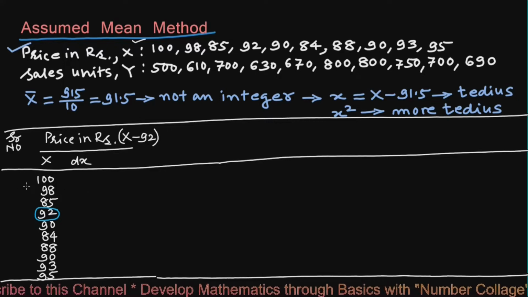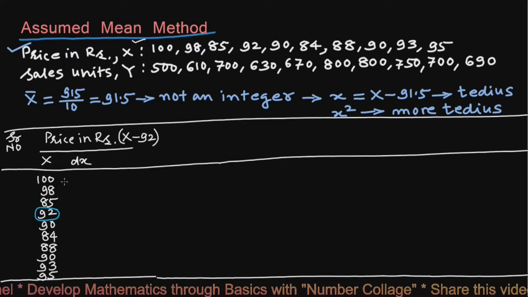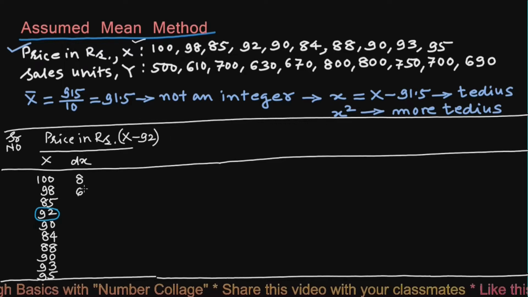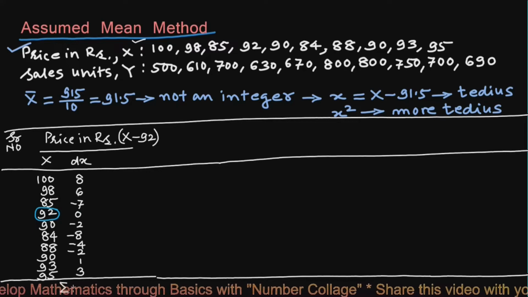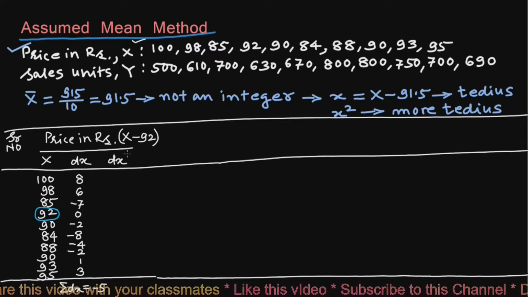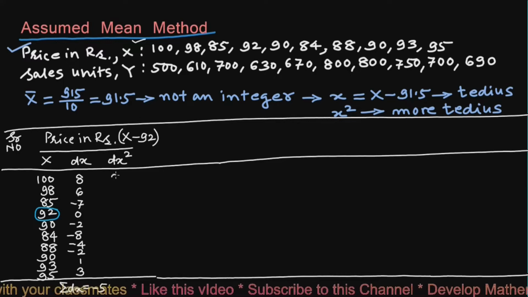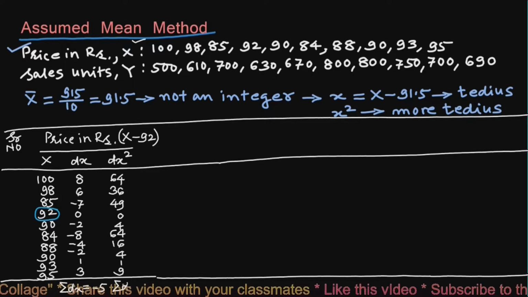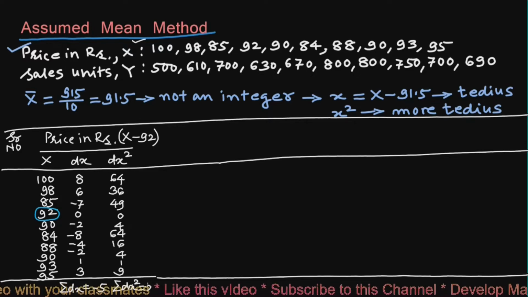So that gives the values of dx as 100 minus 92, 8, 98 minus 92, 6. That gives summation dx equals minus 5. Next we find dx square, that will be 64, 36, and summation dx square will be 247.